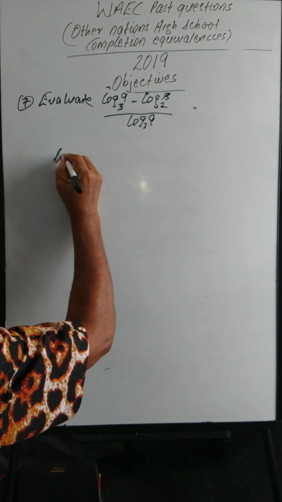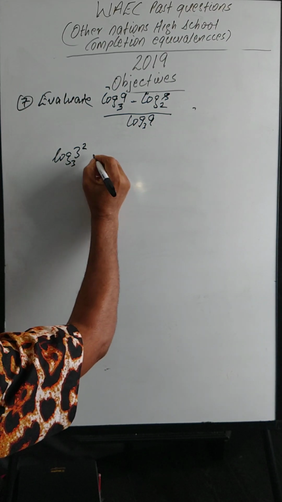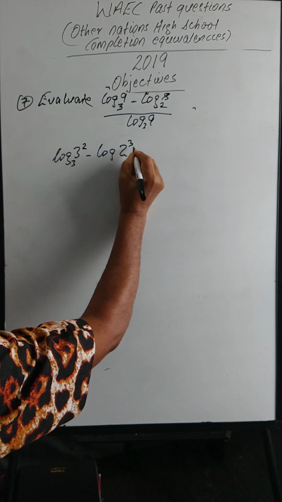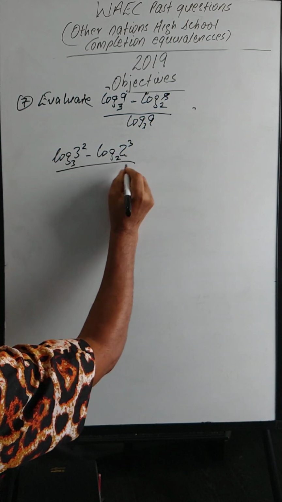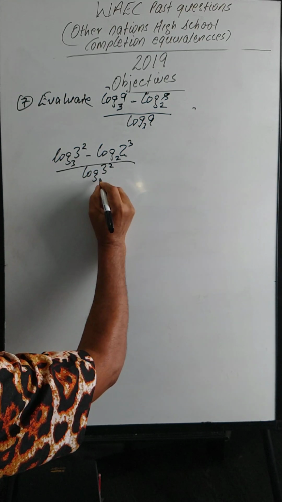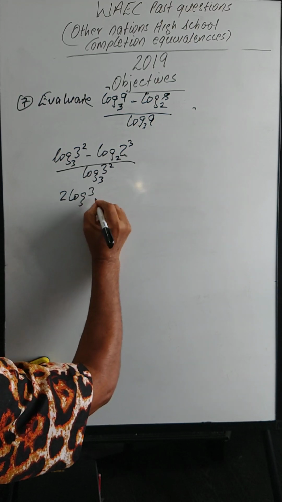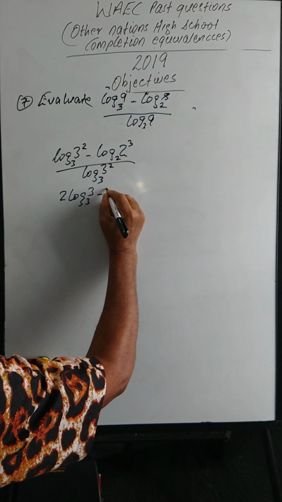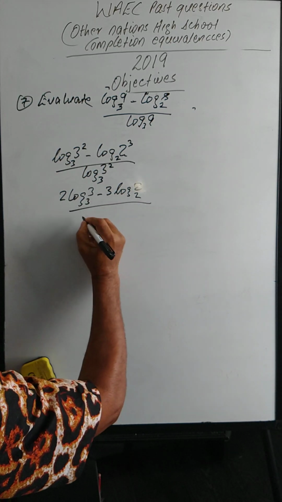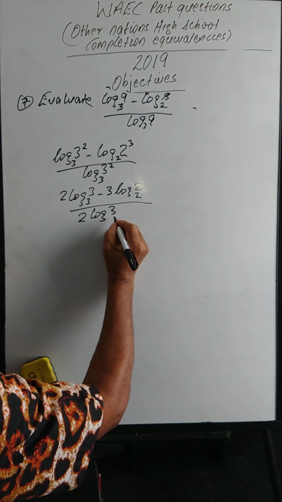That will now be log 3 raised to power 2 base 3 minus log 2 raised to power 3 base 2, divided by log 3 raised to power 2 base 3. That will result to 2 log 3 base 3 minus 3 log 2 base 2, all over 2 log 3 base 3.